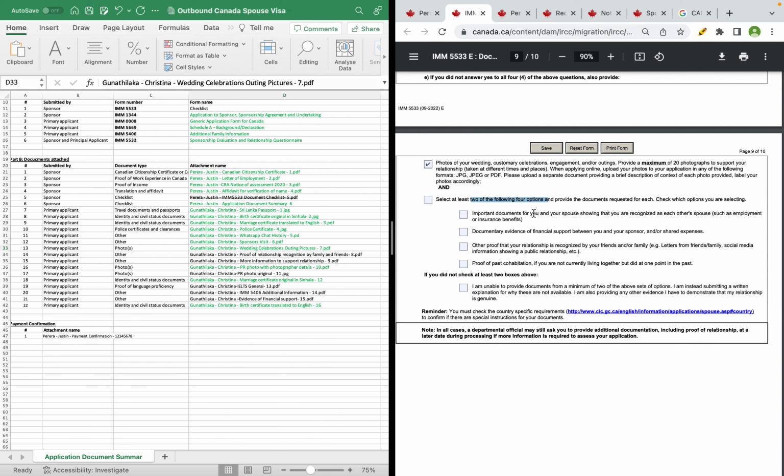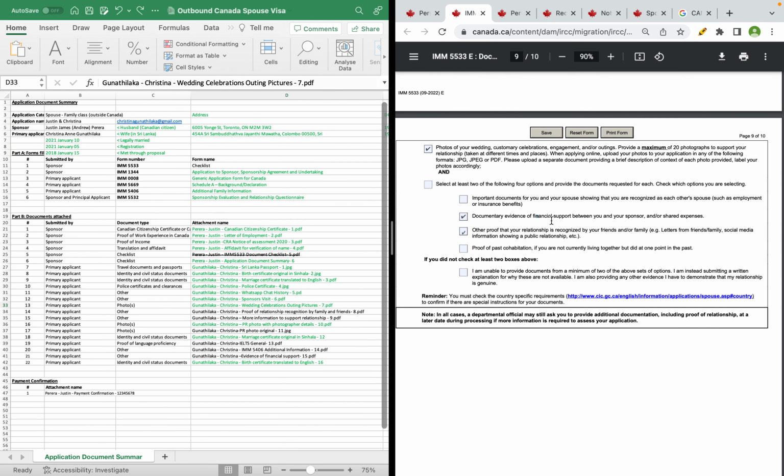Important documents for you and your sponsor showing that you recognize each other's relationship, such as employment insurance benefit. Document evidence of financial support between you and sponsor and shared expenses. This is one we did. Other proof that your relationship is recognized by family, friends, social media information, and this is also one we did.